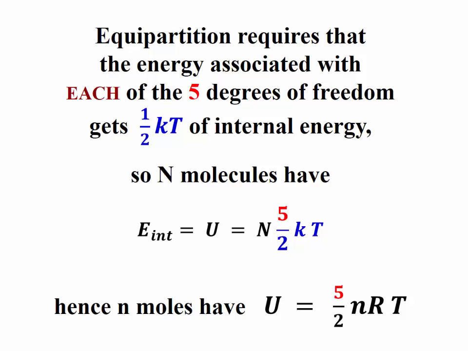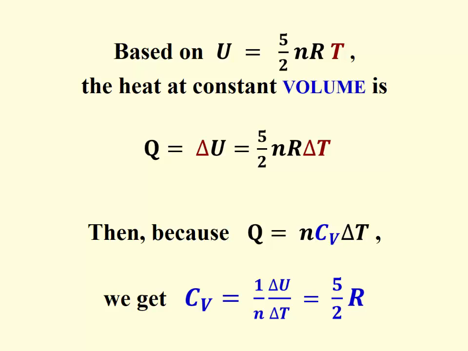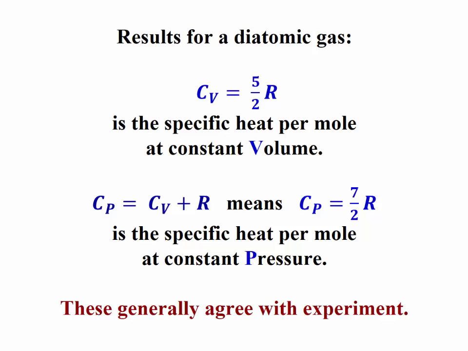N molecules gets N times 5/2 kT. And if we write this in terms of moles, we'll get 5/2 nRT. If we look at this result and look at the heat at constant volume, again, the change in internal energy is 5/2 nR delta T, and we see that the change per mole is going to be 5/2 R. So if we rewrite Q in terms of nCV delta T, we see that CV, the rate of change of internal energy with respect to temperature per mole, is 5/2 R. That's the specific heat per mole at constant volume.